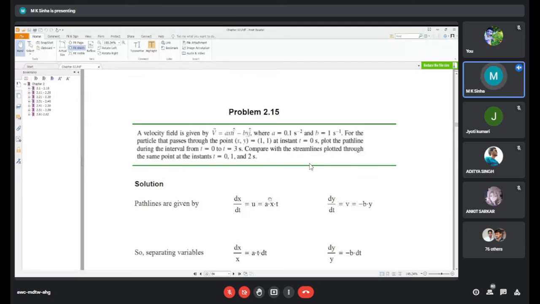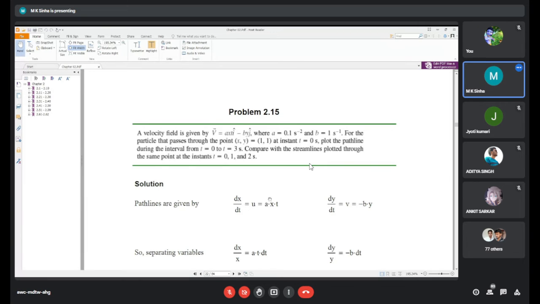A velocity field is given by V equals a x t i minus b y j, where constants a and b are given. For the particle that passes through the point x, y equal to 1, 1 at the instant t equal to 0, plot the path line during the interval from t equal to 0 to t equal to 3 seconds.